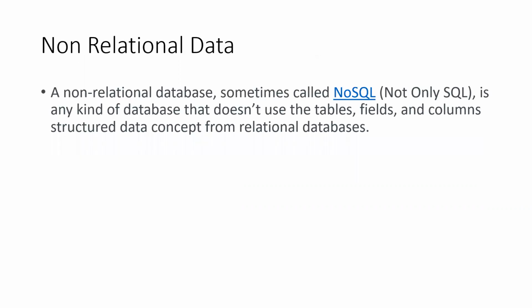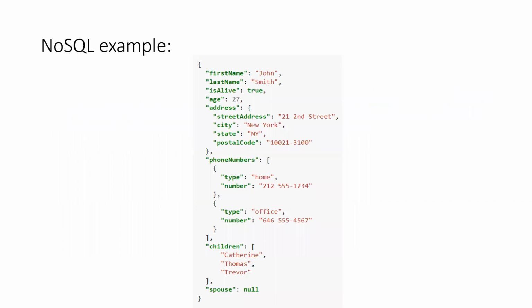Now a quick heads up on what a non-relational database is, which I mentioned some time ago. It's also called NoSQL, not only SQL. It is any kind of database that doesn't use tables, fields, and columns. It doesn't have the structured data concept of a relational database, but is represented by key value pairs.